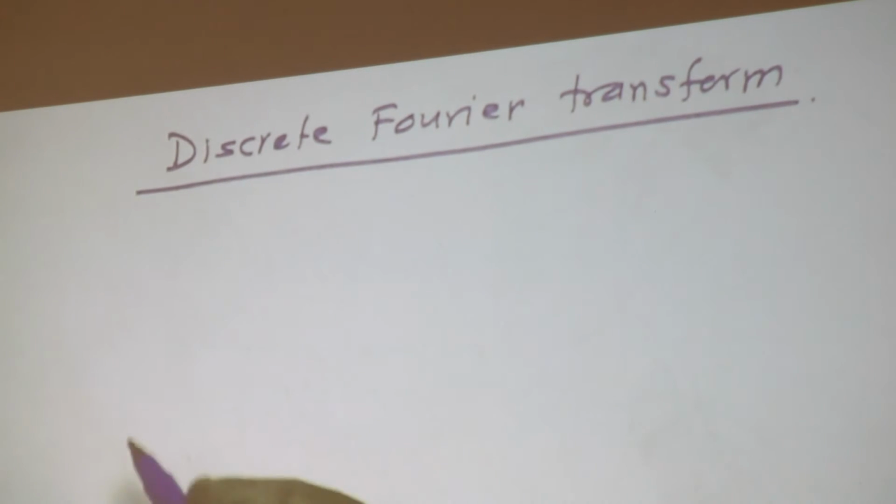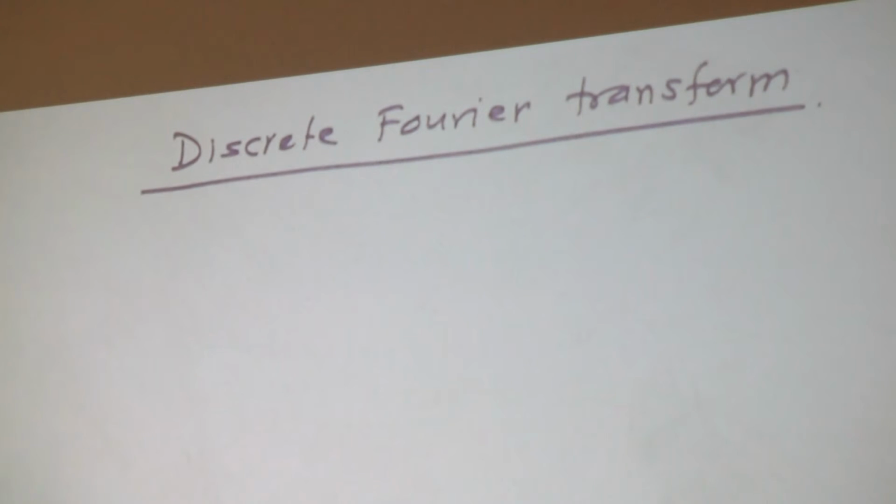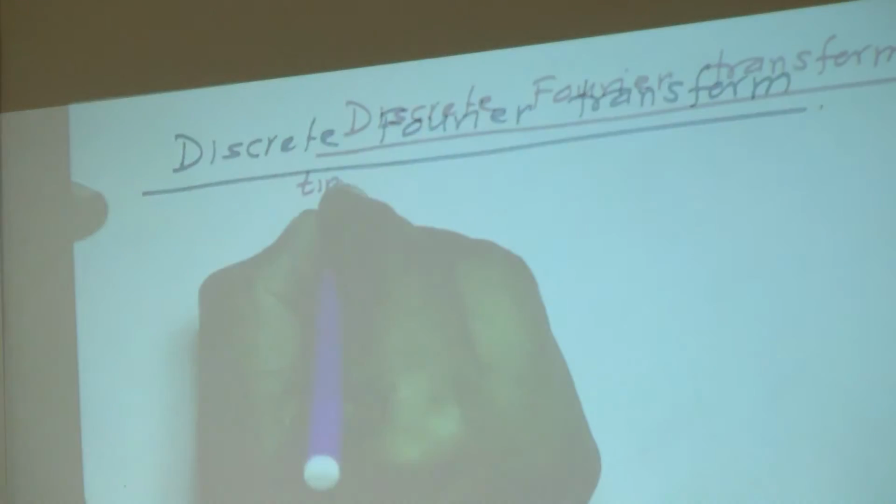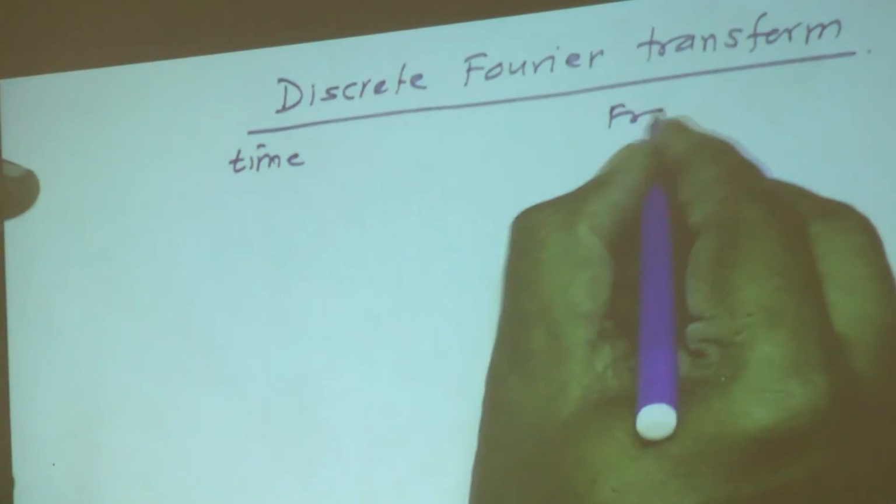The discrete Fourier transform. So far, how many transforms have we seen with reference to Fourier? We have seen 3 different types of Fourier transforms. One is called Fourier series representation, where the signal is continuous time and periodic. I would write the equations here in time domain and in frequency domain.